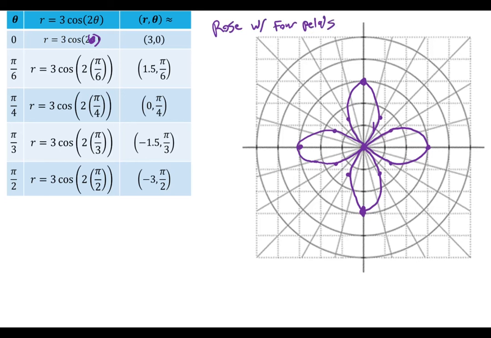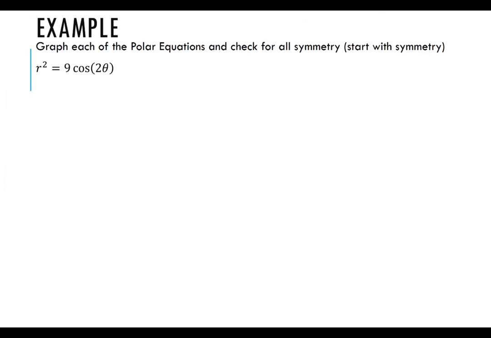Now I do have to distinguish, because not only will we get roses with 4 petals, we may see roses with 3 petals. Okay, so now we have r squared is equal to 9 cosine of 2 theta. Let's see what we get with this one with regards to symmetry. So step 1, we're going to deal with symmetry with respect to the polar axis. And so that is theta with negative theta.